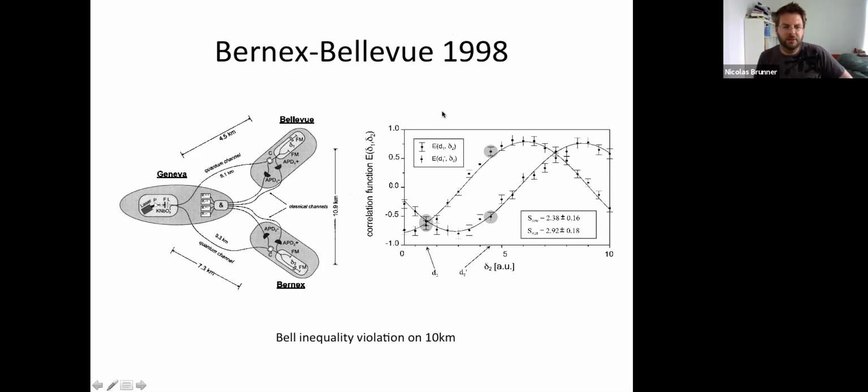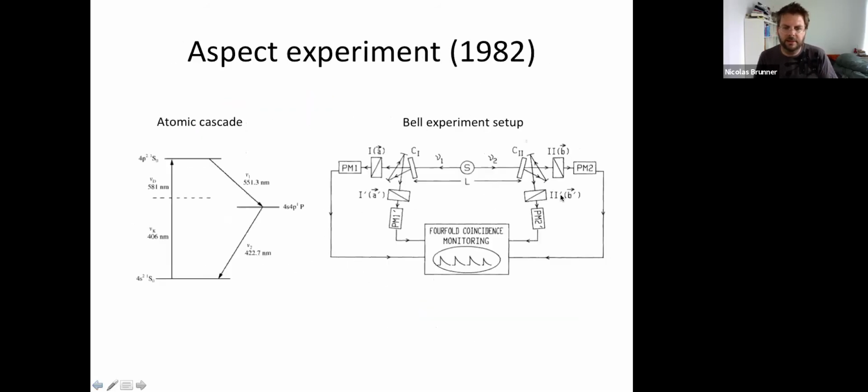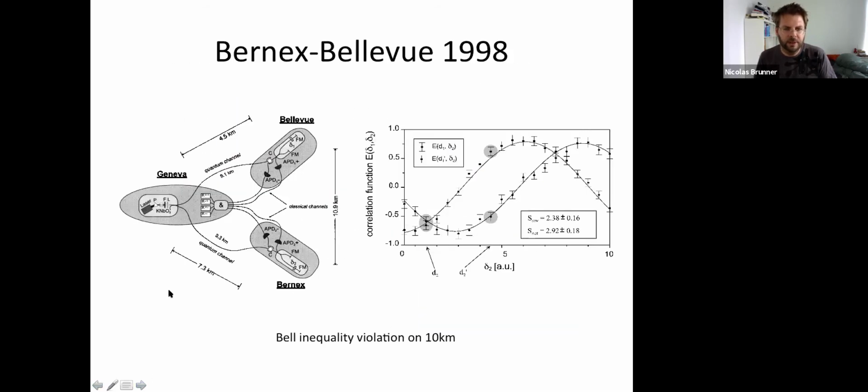And you see, the idea was to see whether these quantum correlations, this quantum non-locality, was something you could only see in the lab, like in Alain Aspect's experiment, where essentially there are 2 meters between Alice and Bob, or whether this is a phenomenon that you can really see over a long distance.